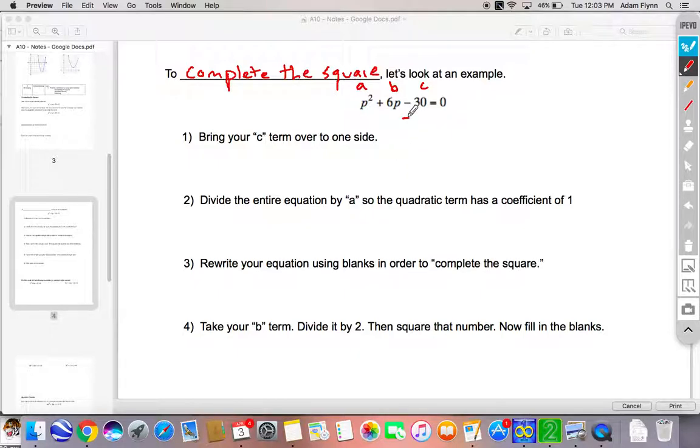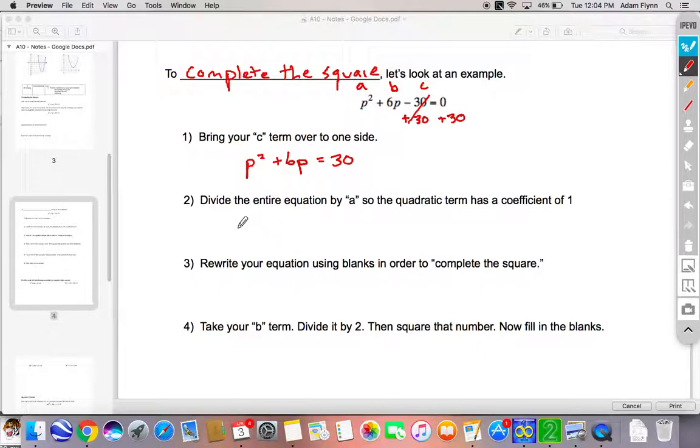If we add 30 to both sides, those will cancel. So we get p squared plus 6p equals positive 30.